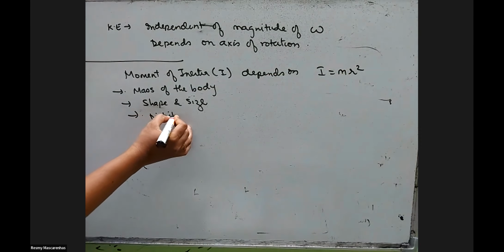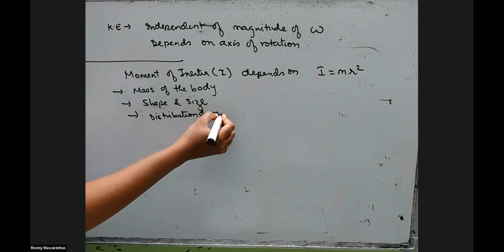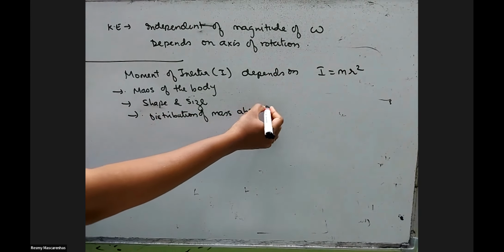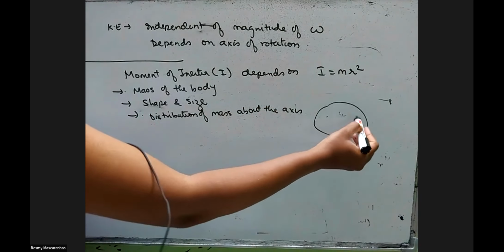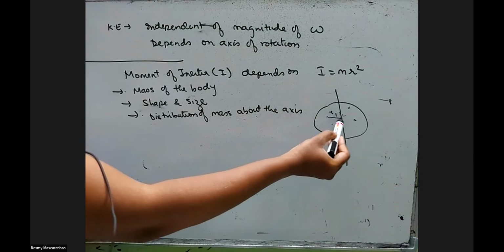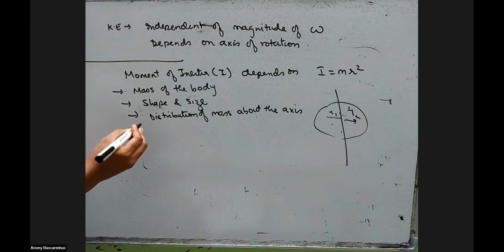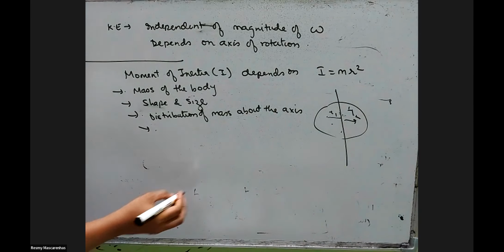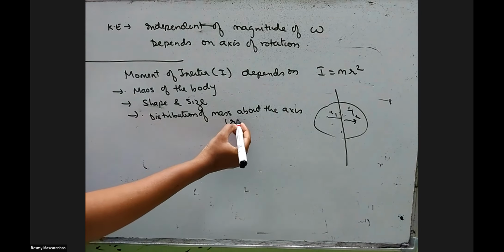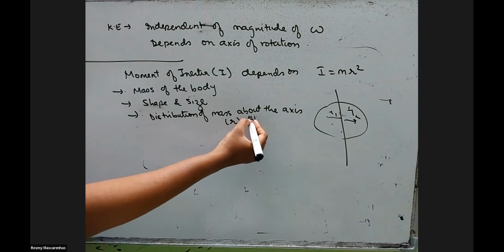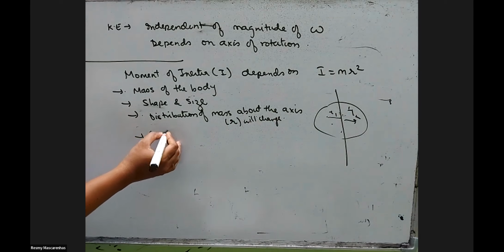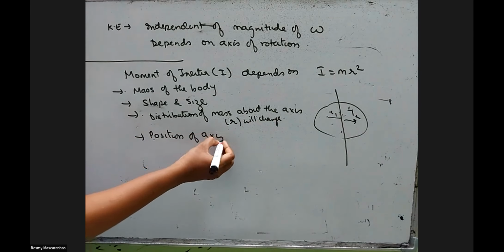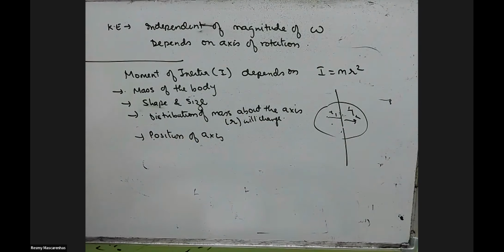Distribution of mass: how far the particles are from the main axis, because R1, R2 will also change. R will change. Position of the axis: how far it is from the mass. The moment of inertia depends on all these things.